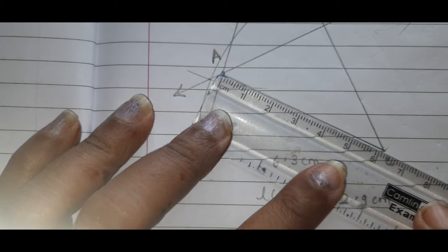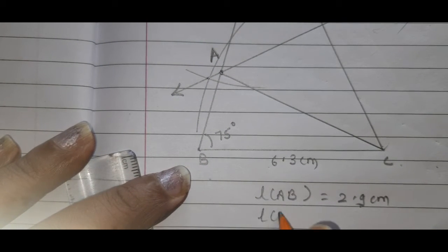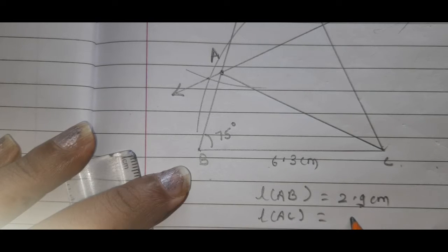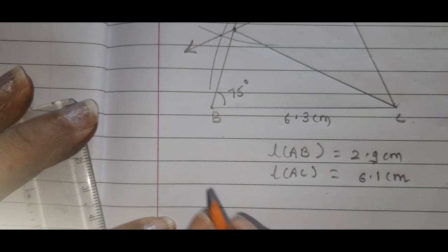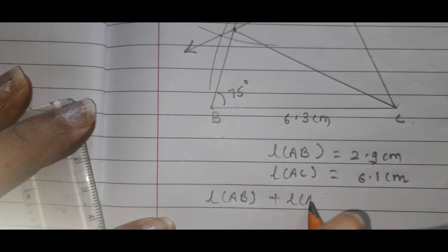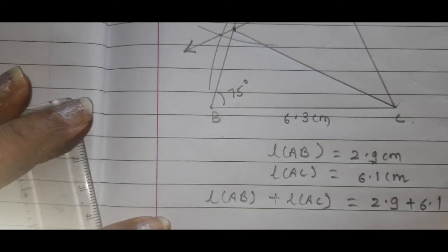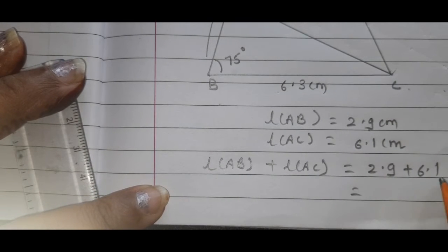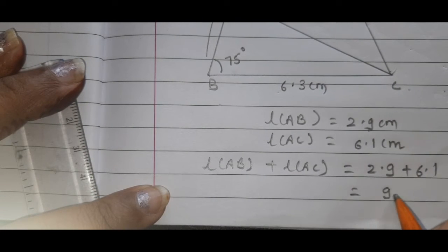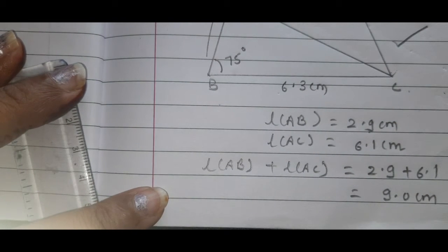Length of AC is 6.1 centimeter. Now, as I told you, add the length of AB plus the length of AC. It will be 2.9 plus 6.1, which is 9.0 centimeter, meaning our construction is correct.